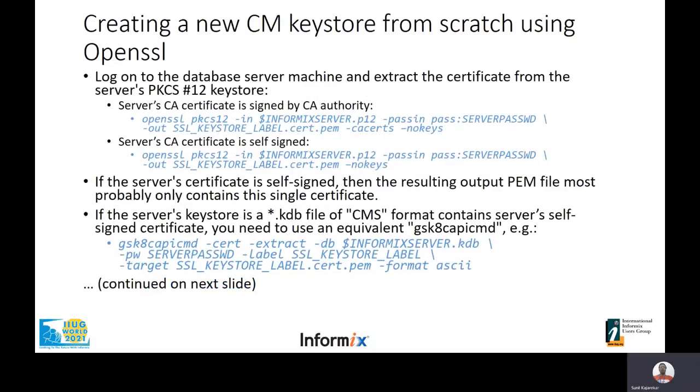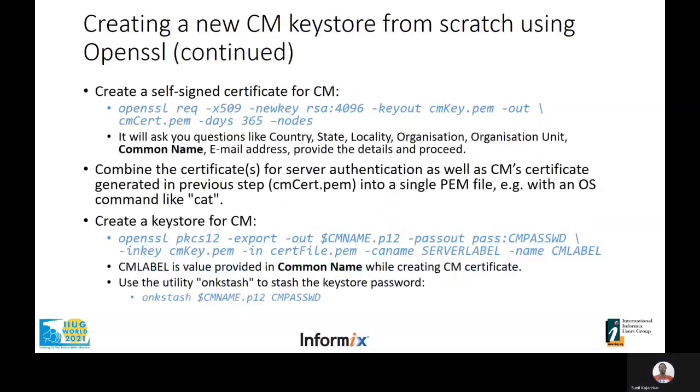All those PEM files, along with the CM self-signed certificate which you generated, you will combine into a single .pem file and use that PEM file in the next command.